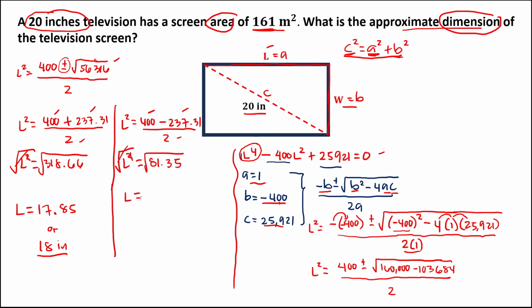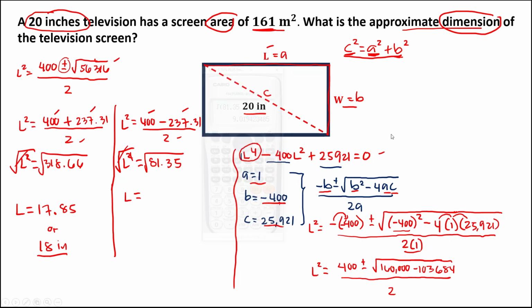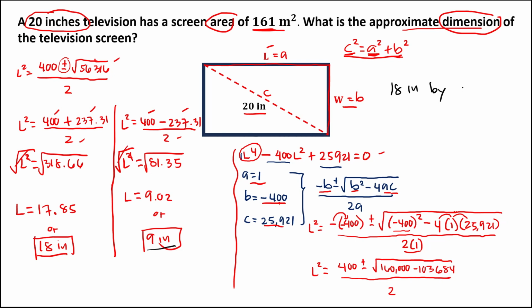So L equals the square root of 81.35, that's 9.02, or equal to 9 inches. Therefore, the dimension of this television is 18 inches by 9 inches.